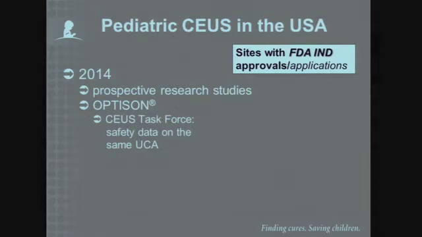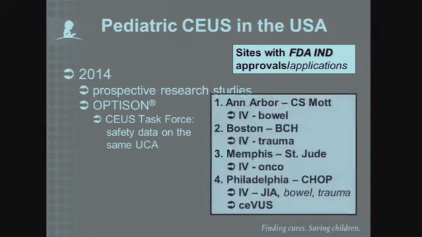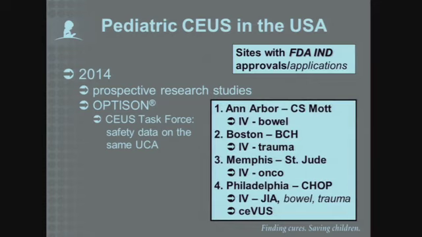So there are several sites also in the United States who are undertaking prospective research studies in children, and these sites have obtained INDs from the FDA to perform these research studies. These include University of Michigan, where they're looking at the value of contrast ultrasound in inflammatory bowel disease, and Boston Children's Hospital, where they're looking at the value in trauma.